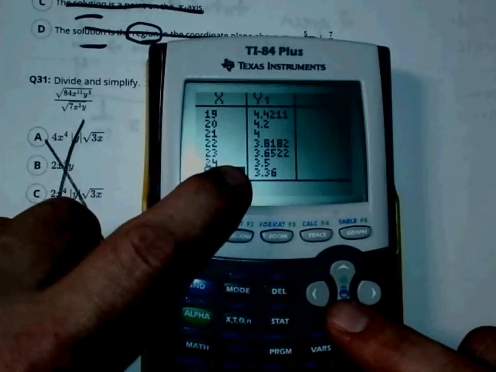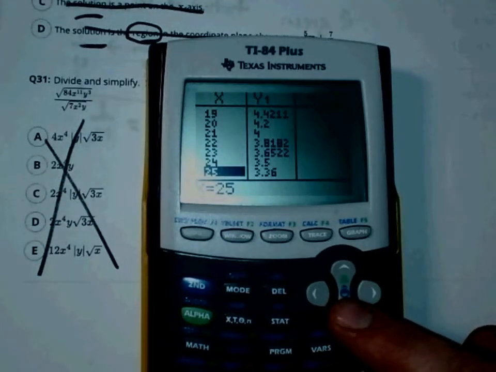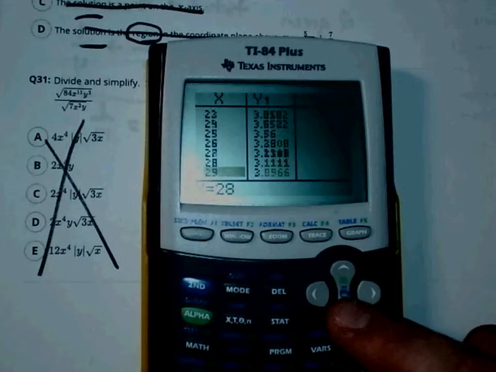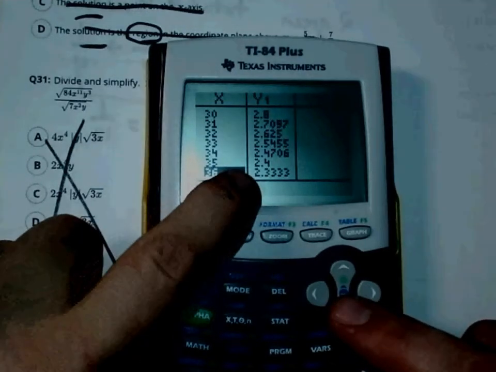It's not a factor, because it's got a decimal. What's the next one after that? 36. Same thing, 36 is not a factor either.